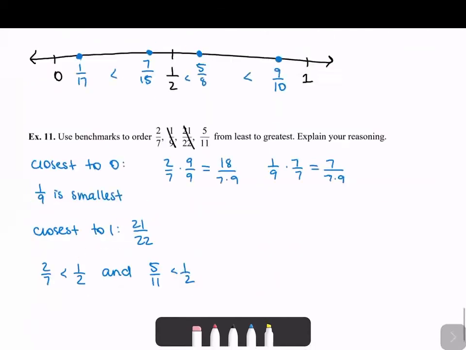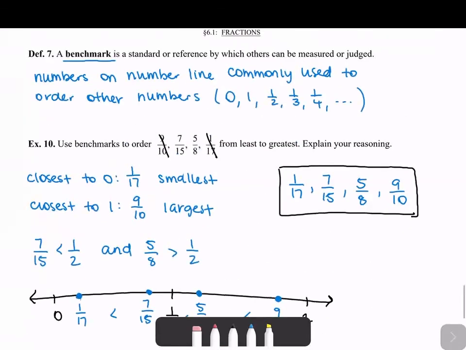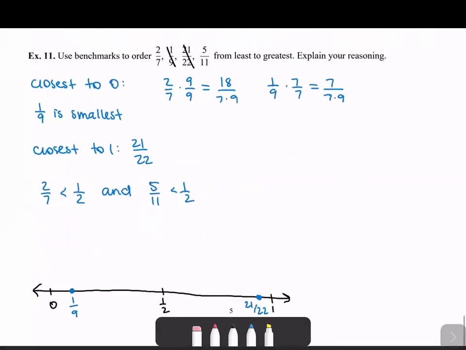Okay, so if we look back at our list of common benchmarks, we had 0, 1, 1/2, but then also all of these fractions that had 1 on top, 1/3, 1/4, 1/5, and so on. So now let's compare them to 1/3. So 2 over 7, and we want to compare it to 1/3. This is going to be kind of hard to compare, so let's convert 1/3 into something that has a 2 on top.